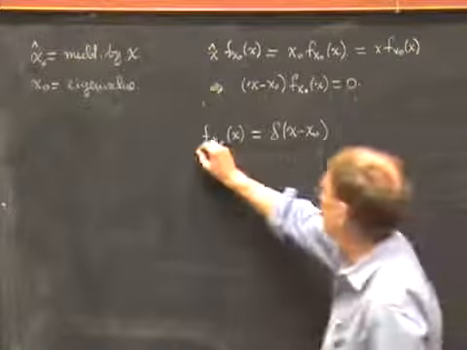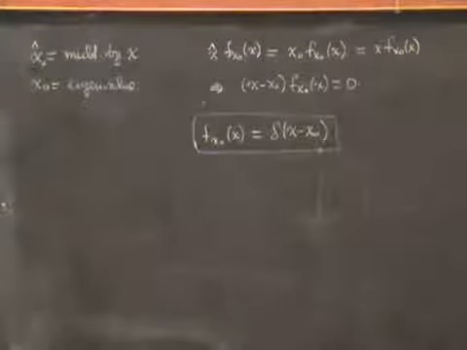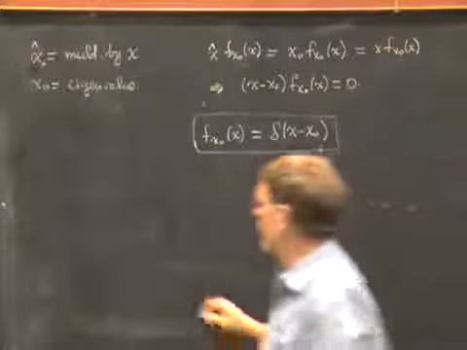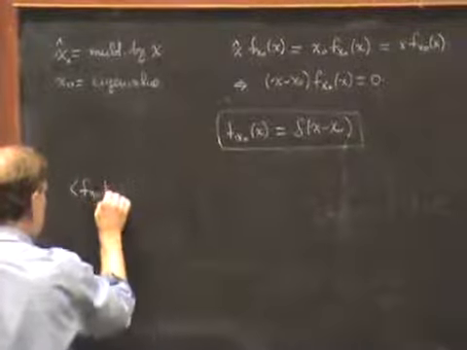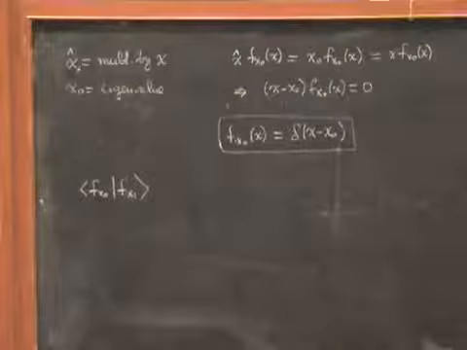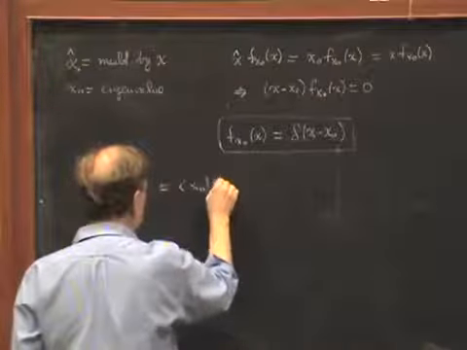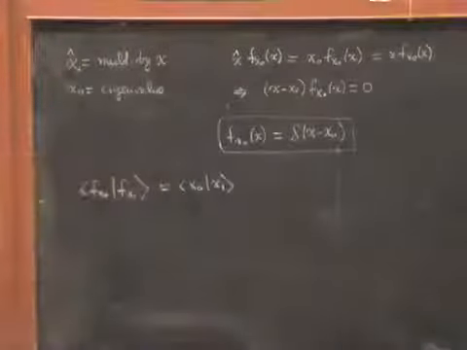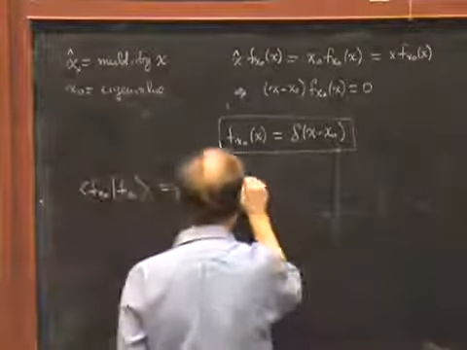If we take this definition of f_x0 of x as the eigenfunctions of the position operator, then we can compute their scalar products. Let's examine the orthonormality conditions. Let's take the scalar product of f_x0 and f_x1. I'll write this for simplicity with just the eigenvalues instead of the full function, ⟨x0|x1⟩.